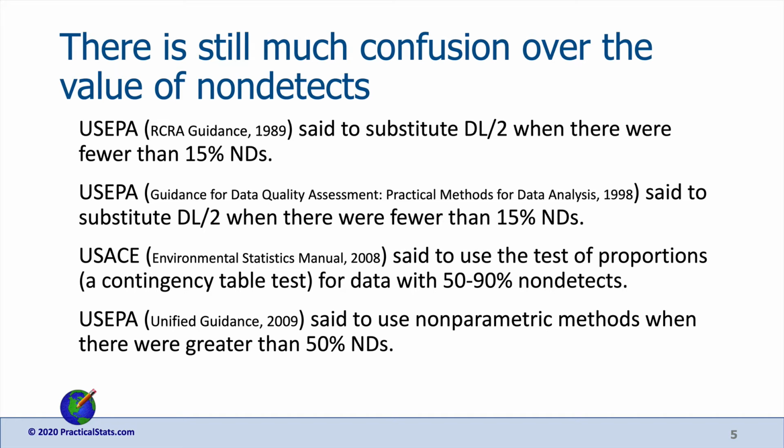And that's a pretty good recommendation. I would still say that's a worthwhile thing to do. It's not the only thing that you can do, but it's a worthwhile thing to do. But somehow this 50 to 90% rule came along. And in 2009, the unified guidance from EPA said to use nonparametric methods when there were greater than 50% non-detects. It would be nice to know what value those non-detects were.